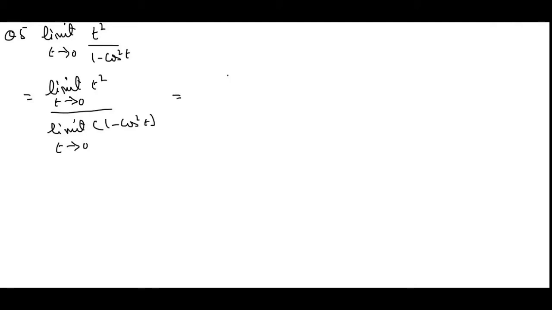On applying the limit, we have 0 whole divided by 1 minus cos squared 0, that is 0 over 1 minus 1, and 0 over 0. Again it is an indeterminate form, and now we are going to apply L'Hopital's rule again.